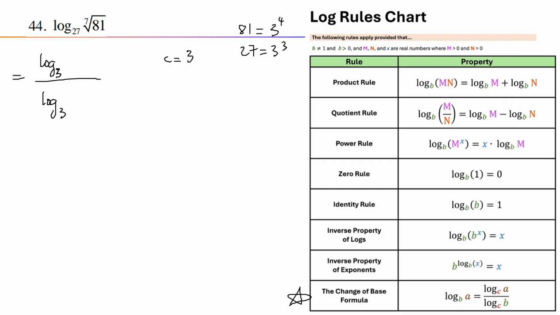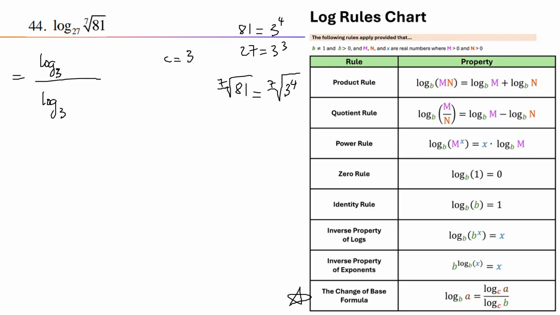C is the base, the new base is 3, so C is 3. Then the root 7, 81 is 3 to the power of 4.